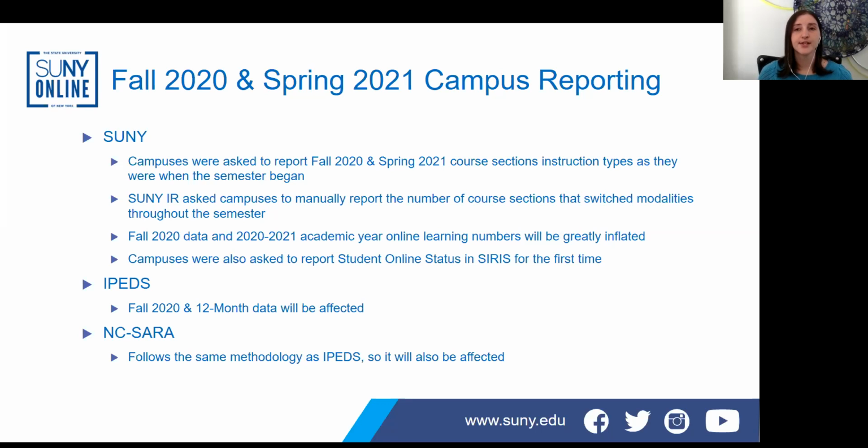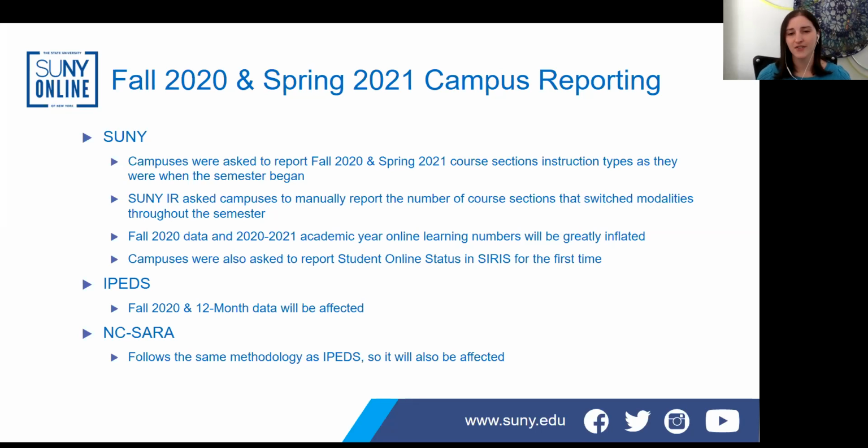Some campuses took their list of courses that were on record in the spring, planned for the fall, and then kept a record of where all those changes occurred. And we would have loved to be able to collect that data systematically and be able to look at those differences.